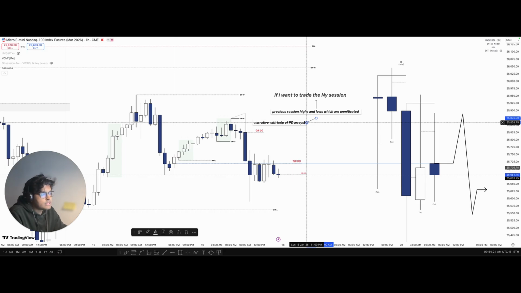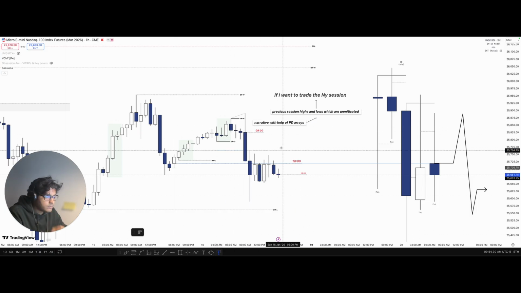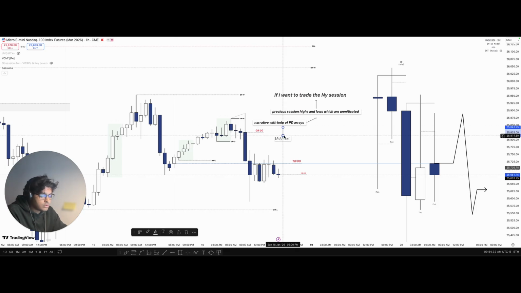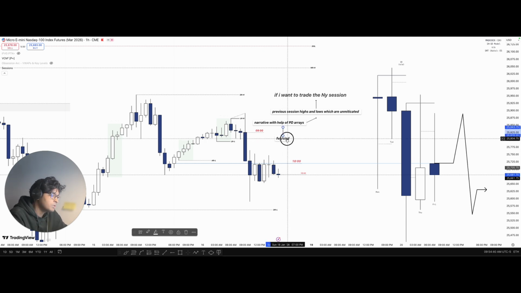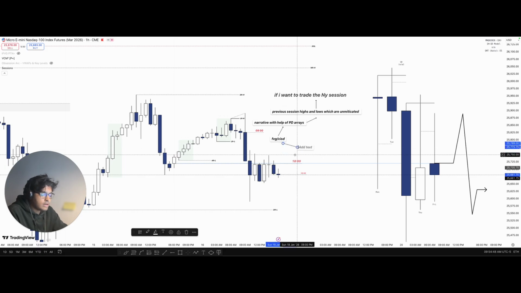What are the different PD arrays that we will be using? There are only 2 things: FVGs, and the change in state of delivery. These are the only 2 things we'll use to understand narrative. And narrative actually gives you whether the structure has shifted or not.